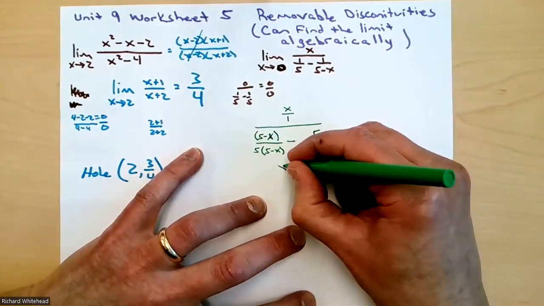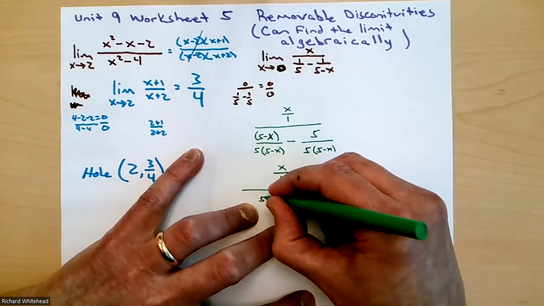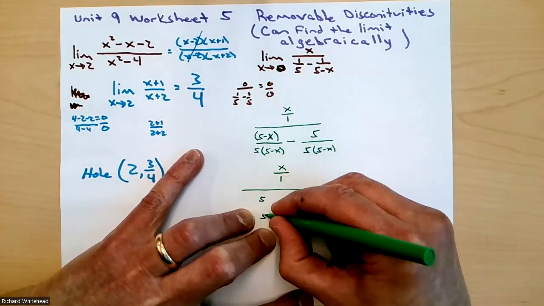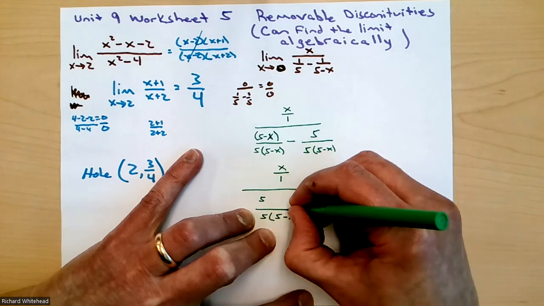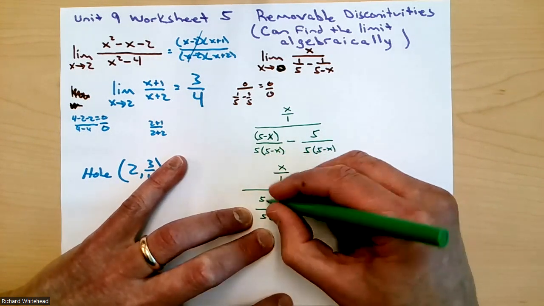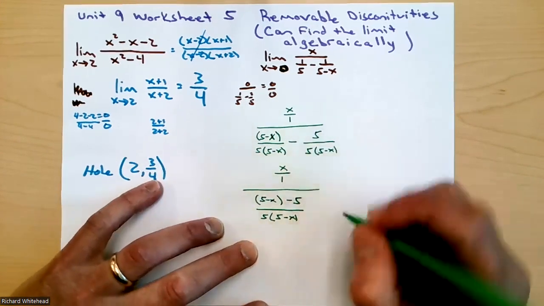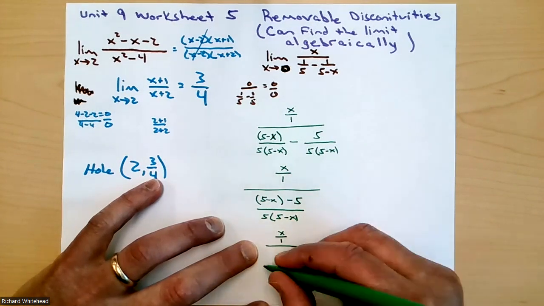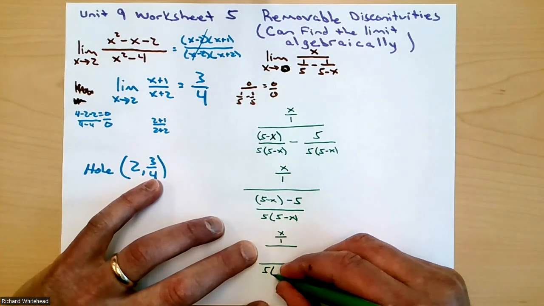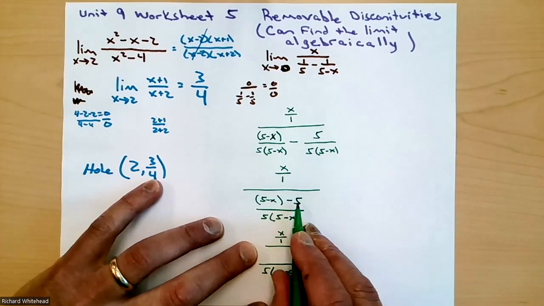So now I've got a common denominator like this. So check out what we've got. 5 minus x minus 5. Any other cleaning we can do? 5 minus x minus 5.